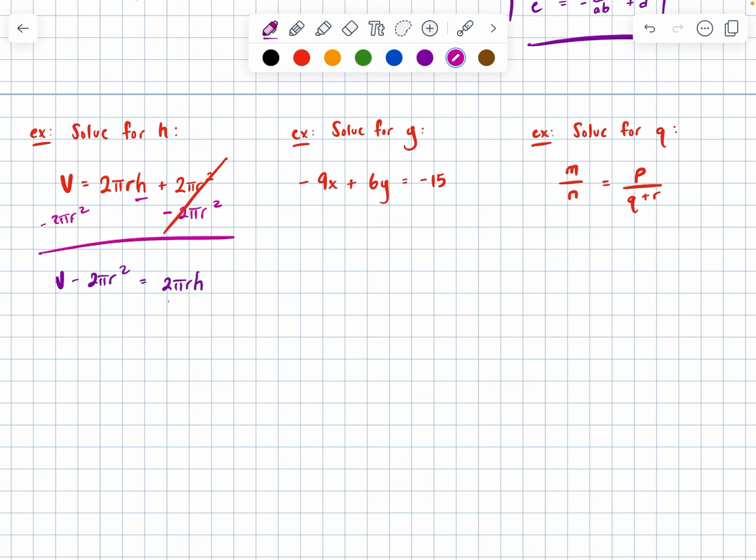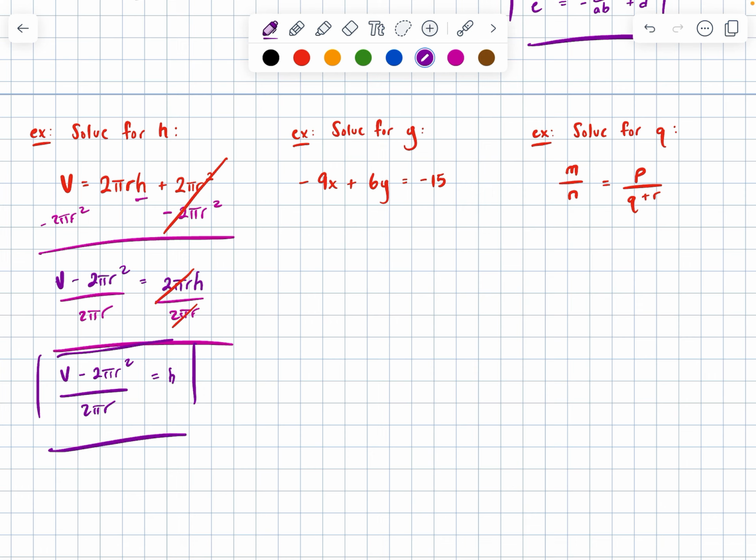Then the last thing I need to do, well, I want to get the h by itself. The thing attached to it is the 2 pi r. Let's divide both sides by 2 pi r. So we get, on the right side, just our h. And on the left side, v minus 2 pi r squared over 2 pi r.